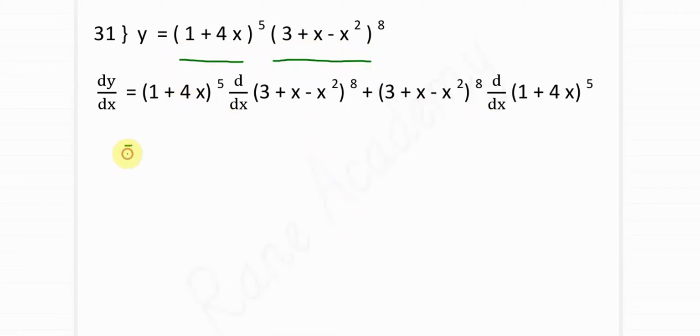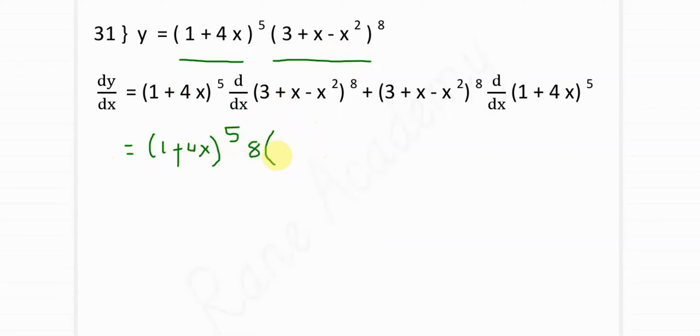So we write 1 plus 4x whole raised to 5 as it is, and then we differentiate the second term, that is 3 plus x minus x square whole raised to 8. Now it is a power function, so we write this as 8.